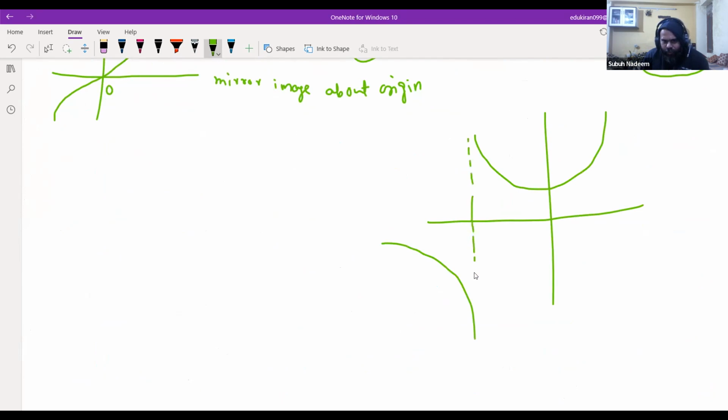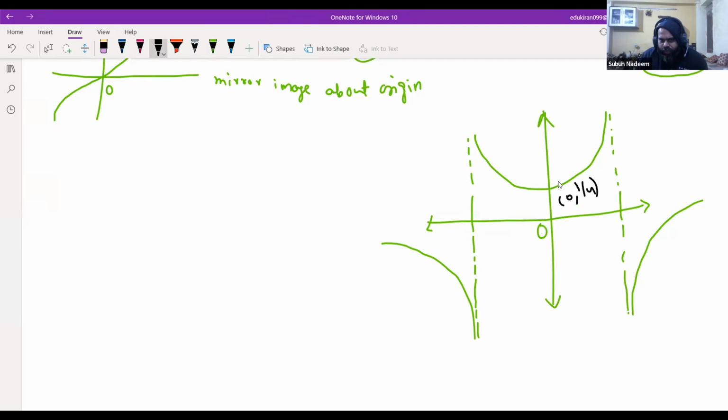The line x is equal to minus 2 is an asymptote, and x is equal to 2 is also an asymptote. This is x dash, this is y dash, this is the origin, and this is 0, 1 by 4.